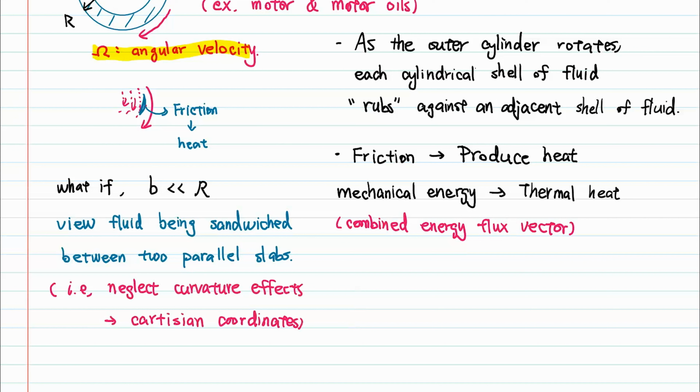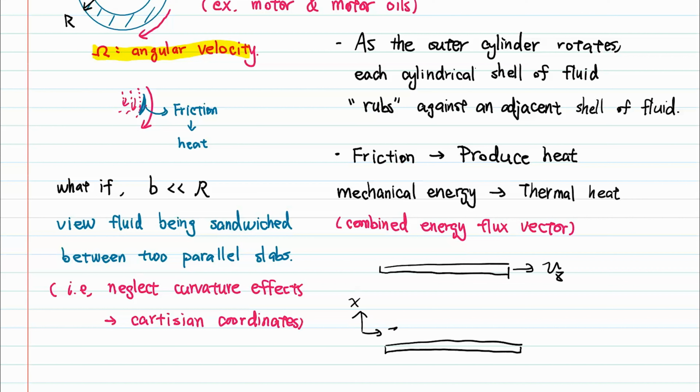So basically the system now looks like the following. We have one slab on the top, a second slab at the bottom, and the top slab is moving at a velocity Vz. Let's define x and z. You would expect a velocity profile that looks somewhat like this.